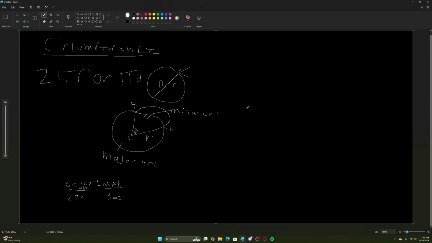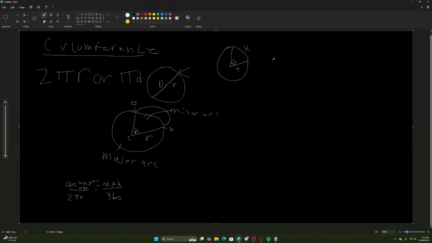Meaning, if, for example, we'll do a little bit of practice here, if you had this circle, and we wanted to know this arc length here. Well, we'll say this is a nice 40-degree angle, and we'll have our radius be 4.